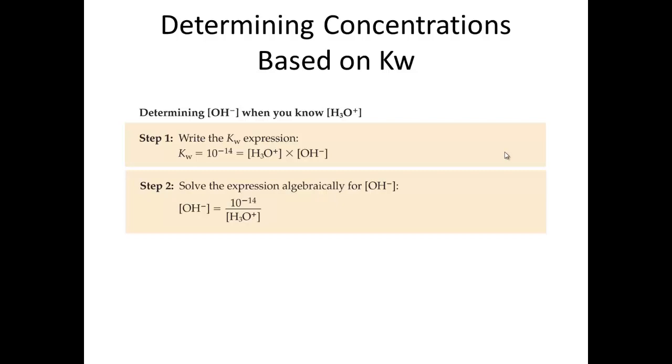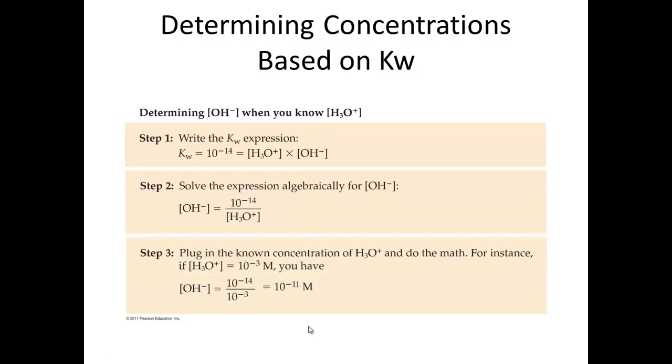If you're solving for hydroxide, you divide everything by the hydronium. So that's 1 times 10 to the negative 14 over your hydronium on the left, and on the right, dividing by hydronium leaves you with just your hydroxide. Then you can plug in values at that point.